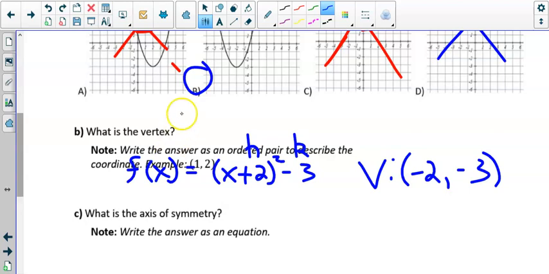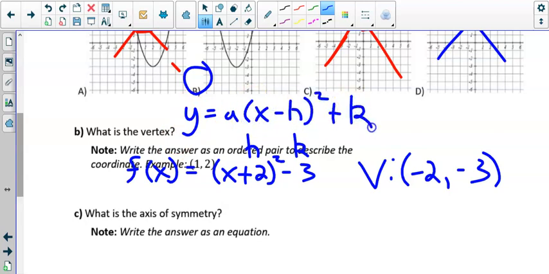What's the vertex formula? Looks like this. That is your vertex formula, which is what this equation is set in. And last but not least, they want you to find the axis of symmetry. That's easy. Even though I may not have mentioned this in class, the axis of symmetry, whatever H is, it's the x part to the vertex.